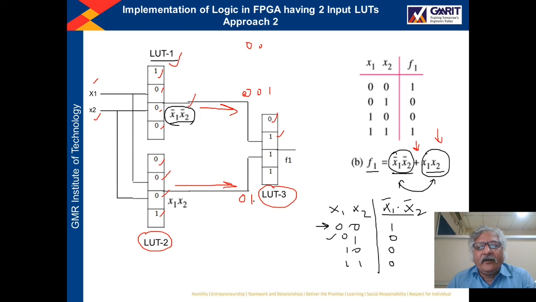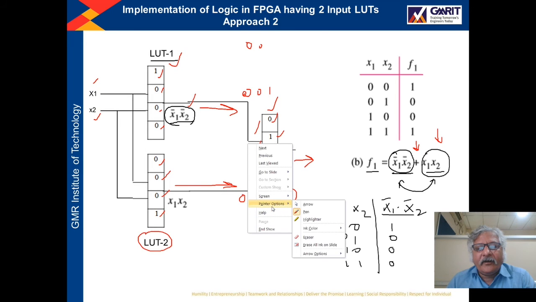If it is 1 and this is 0, then 1. And if both inputs of this LUT are 1, 1, then 1 at the fourth location. So in this way, this LUT is representing the OR logic. And finally, this is giving us F1. So in this way, we can implement our logic.